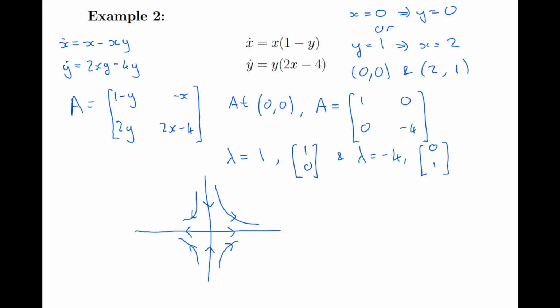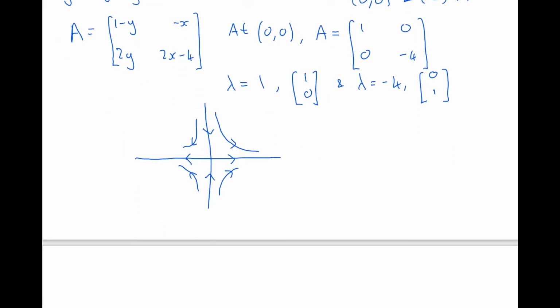It's a saddle. Now that's the phase portrait of the linearized system. It's an unstable saddle, but the theorem tells us that for the nonlinear system, the origin must also be an unstable fixed point. Now we'll try the next one.